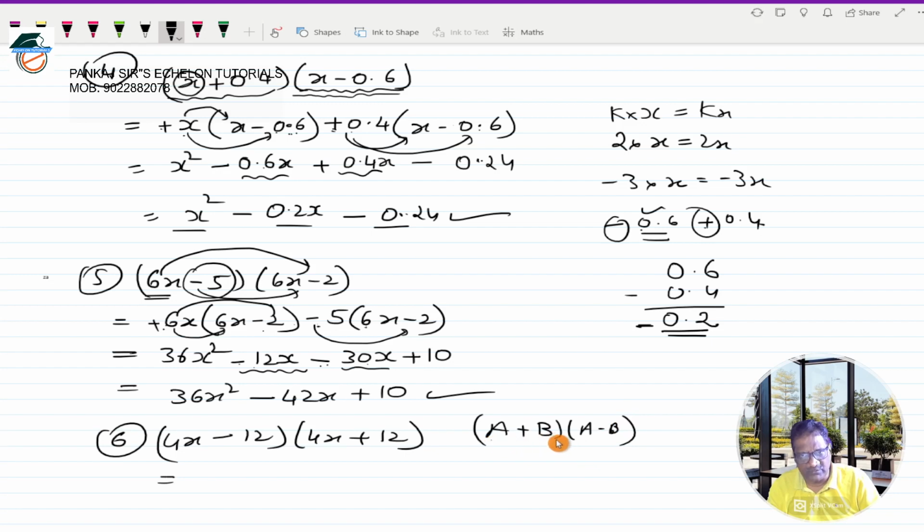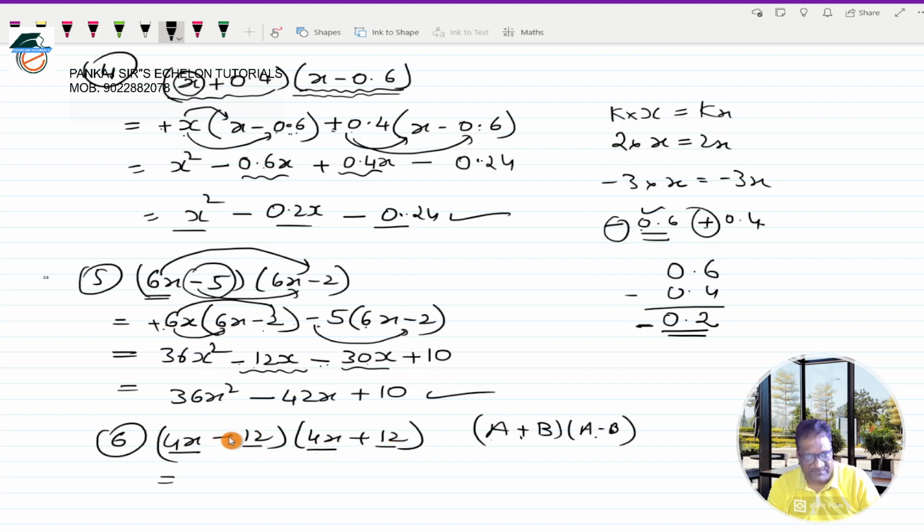Now the two terms should be same in both the expressions, and in one expression there should be a plus and in the second there should be a minus. Now this is satisfying that condition. Can you see the first term in both the expressions is same, the second term in both the expressions is same. Okay, first term in both the expressions is 4x, second term in both the expressions is 12, both are same.